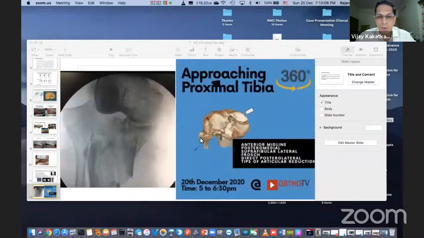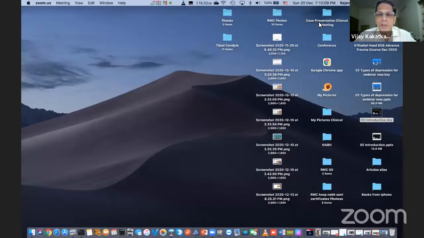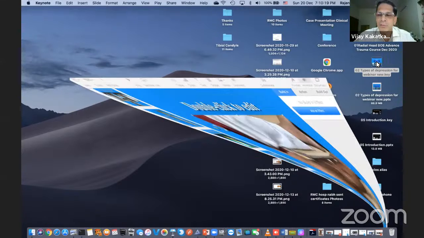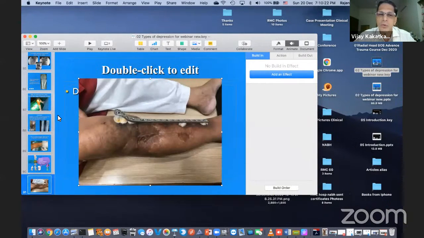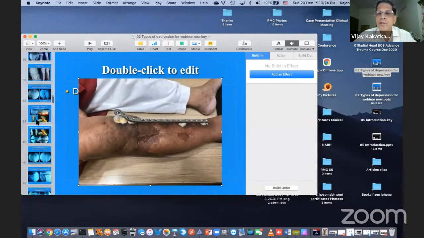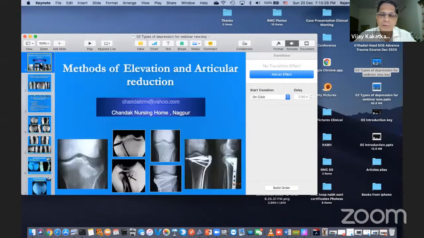I have used it in a couple of cases in the past, but not in this particular approach. I'm quite impressed, and I think it's a real good addition to the approaches that we were already doing. I'm sure everyone should really get acquainted with this approach, and that can really sometimes avoid the posterolateral approach, which technically is much more demanding, I think.